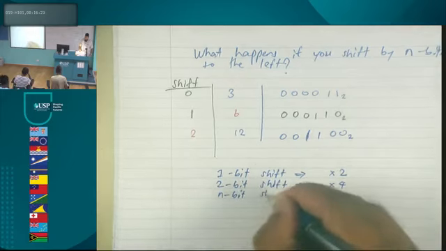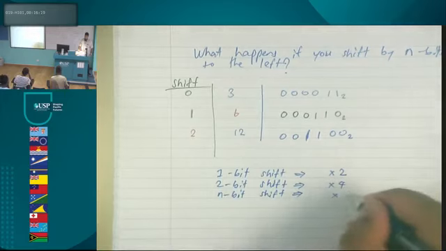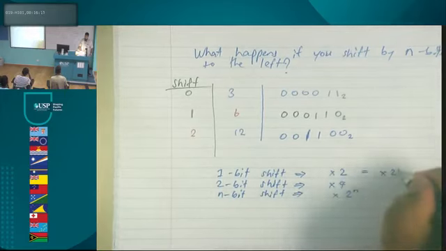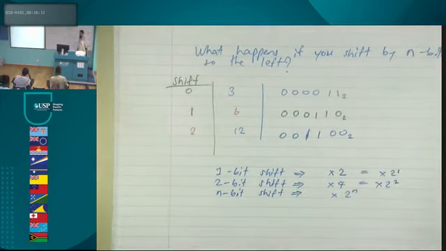N bit shift is multiplied by 2 to the power of n, which is multiplied by 2 to the power of 1, multiplied by 2 to the power of 2. You've got to think along the lines of powers. We're always doing bases and powers.